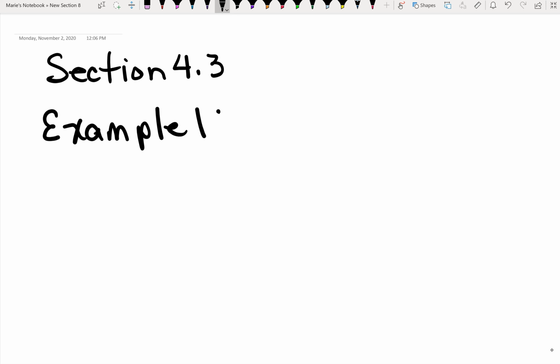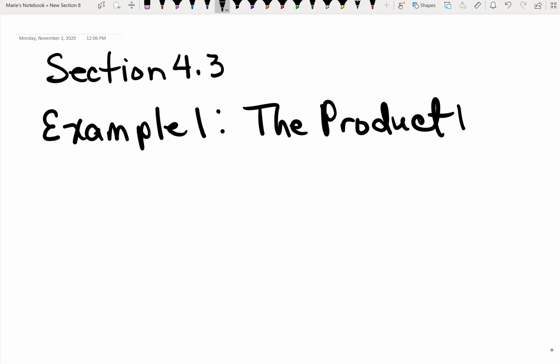So in example 1, we begin with the product rule. So the product rule by default, this basically states the following.